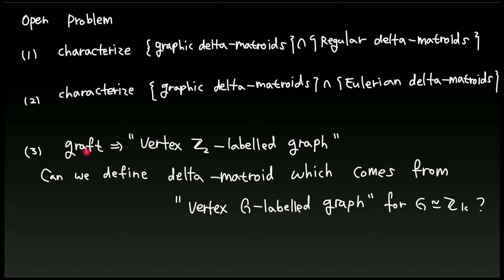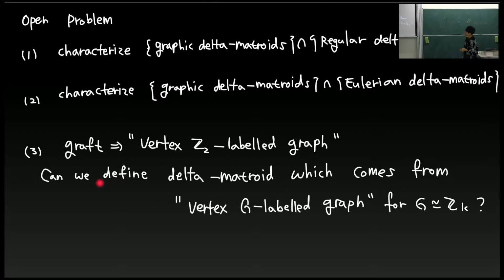For the third question, we can see a graph as a vertex group labeled graph when the group is G2. So I wonder, can we define a delta-matroid which comes from a vertex group labeled graph for a more complicated group, for example, a general cyclic group?